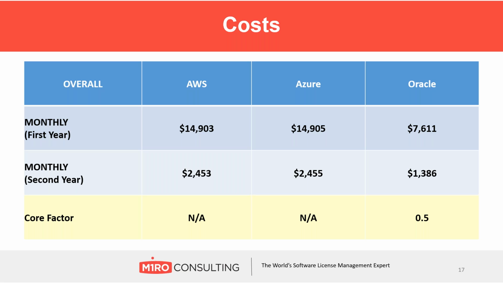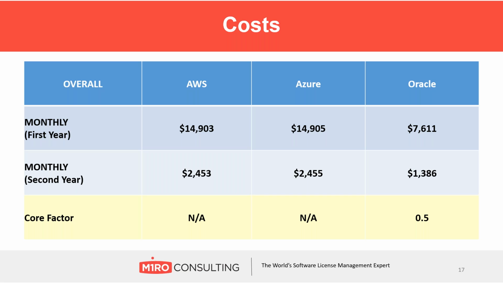This totals some $180,000 for that first year. It is about half of that for Oracle because of the smaller environment change, but primarily because of the core factor, which we've decided to add on the bottom of this graphic because it's so important.